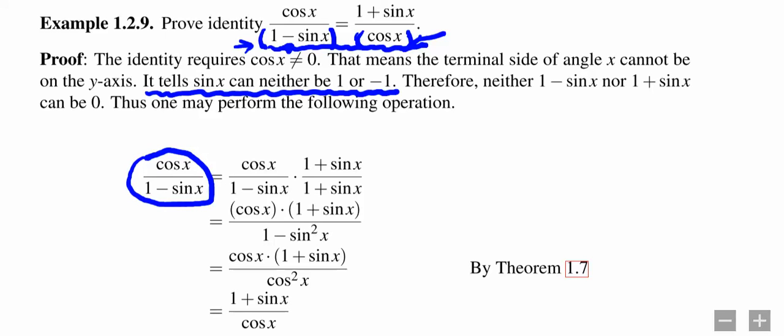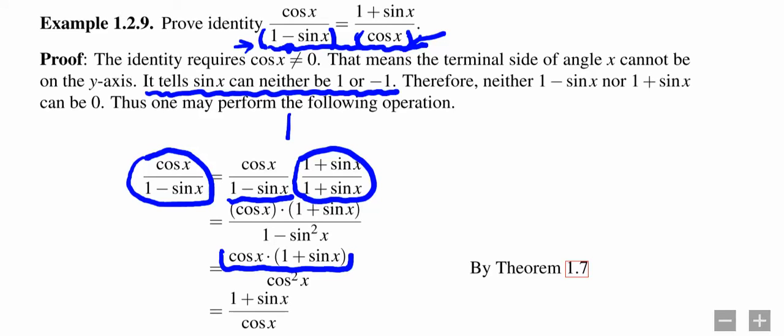Cosine x over 1 minus sine x, multiplied by 1. Is this 1? Yes, this is 1, because numerator and denominator are the same. So then we have cosine x times 1 plus sine x, and downstairs you have 1 minus sine x times 1 plus sine x.